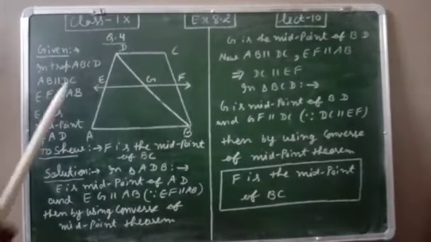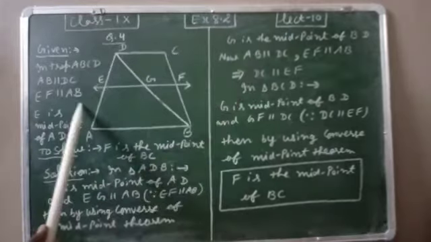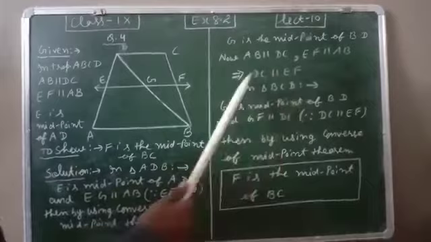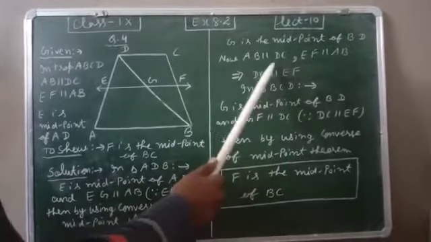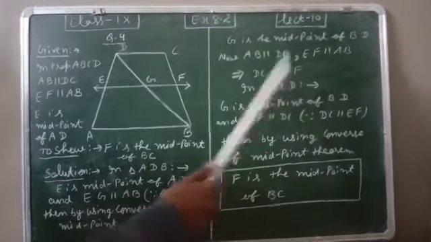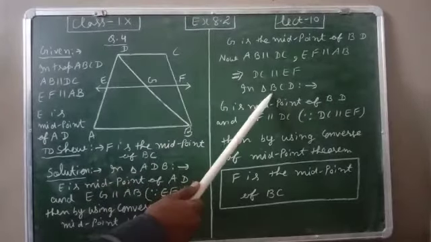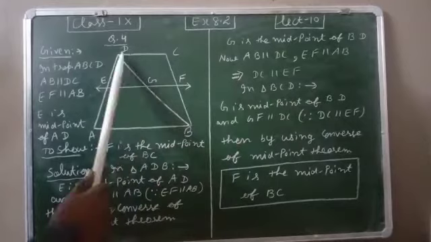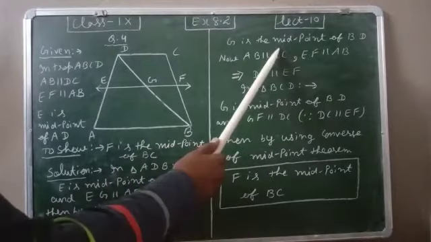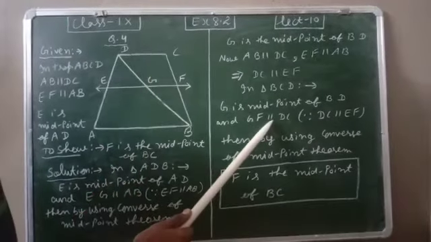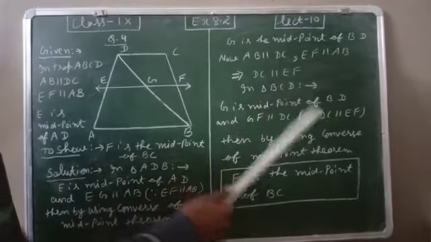Now AB is parallel to DC and EF is parallel to AB. AB is common here, so DC and EF will be parallel. Now we take triangle BCD. Here G is the midpoint of BD, which we already proved, and GF is parallel to DC because DC is parallel to EF.